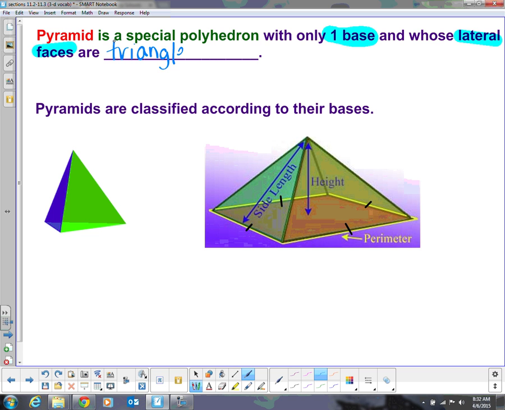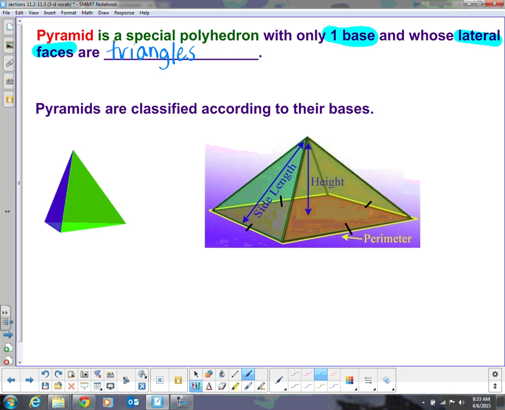Where's a real-life example of a pyramid? In Egypt. And what are they used for? Why were they built? We know. And they're big. They're enormous. Think about it, they were built when man didn't have machines to build. It was all human labor.